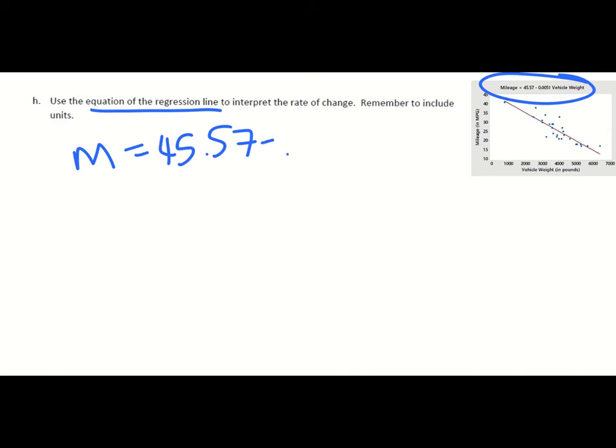Okay, this says to use the equation of the regression line, which is m equals 45.57 minus 0.0051 times your vehicle weight, to interpret your rate of change, which is this number. They want you to interpret it.